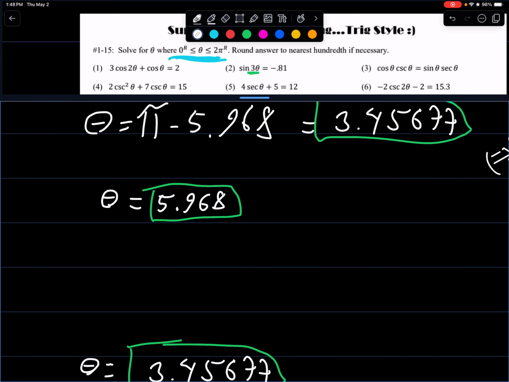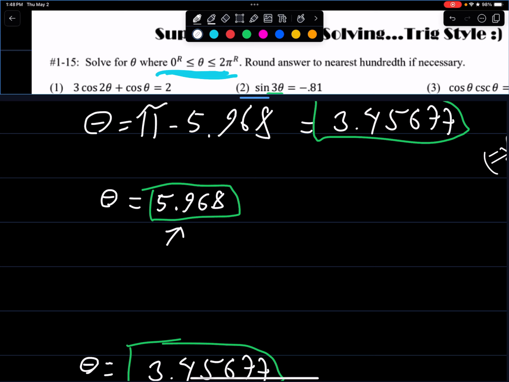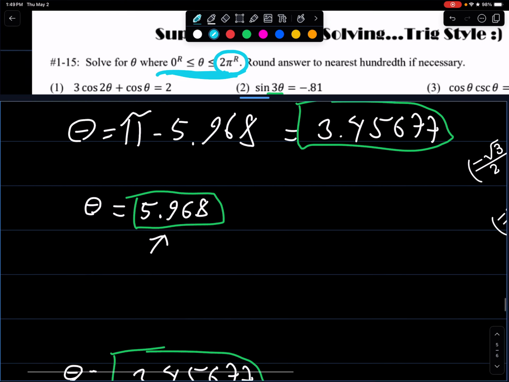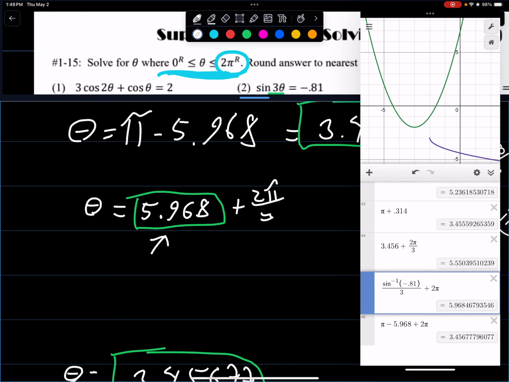Now, one thing to recognize here is we're working with decimals, but our domain is set in this 2 pi format. But 2 pi is just 2 times pi, 3.14, so it'll be about 6. So we can't get outside of our range. One thing we wouldn't really want to do here is add 2 pi over 3 to this one, because that would immediately get us outside of our range.